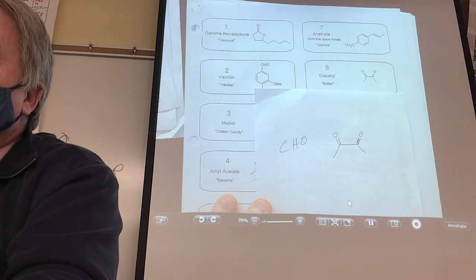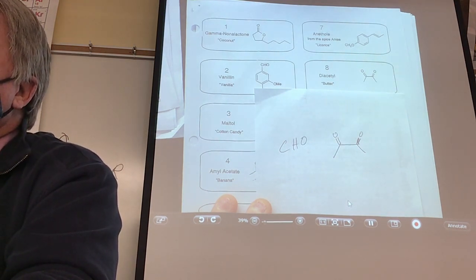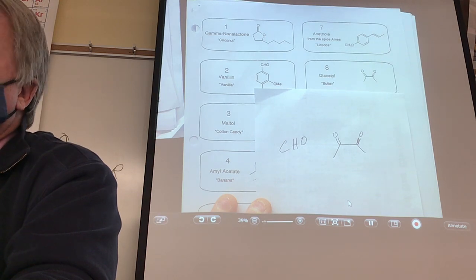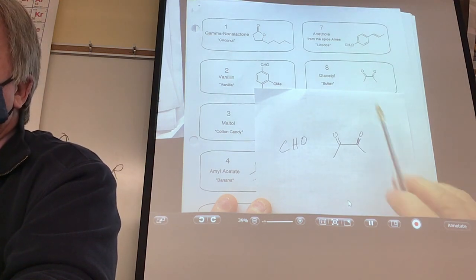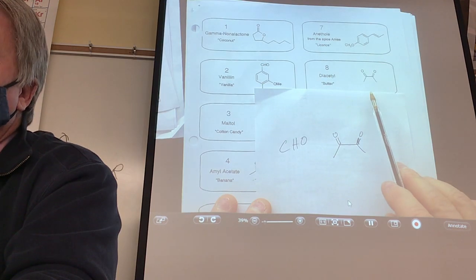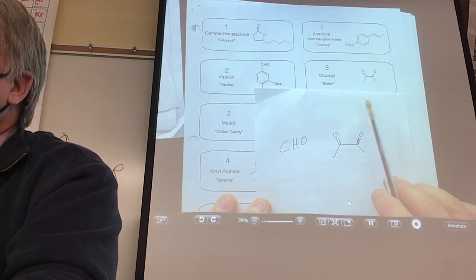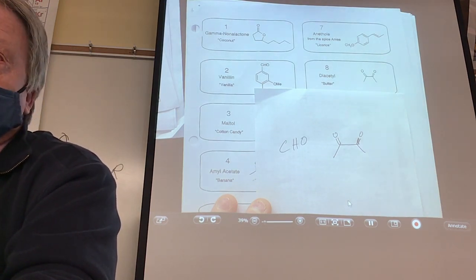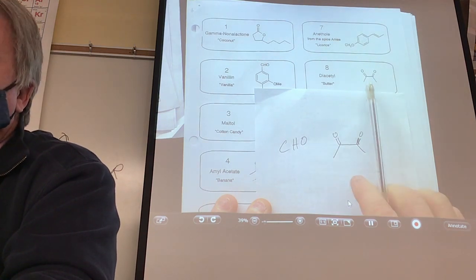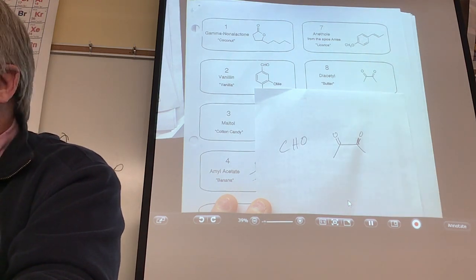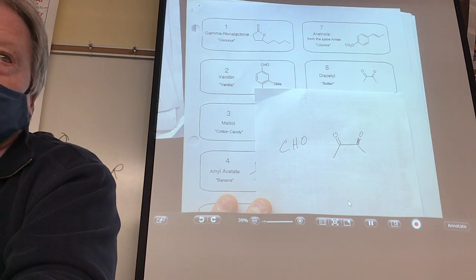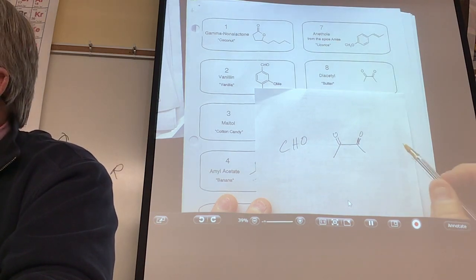Would there be some other things in cow's butter that are slightly different? But for humans, if I put that in cookies, you say, buttery. Or popcorn, buttery. So I think there'd have to be something different, but this is one of the chemicals that would be in there. But there might be a couple other things that I don't know about. That's a great question.